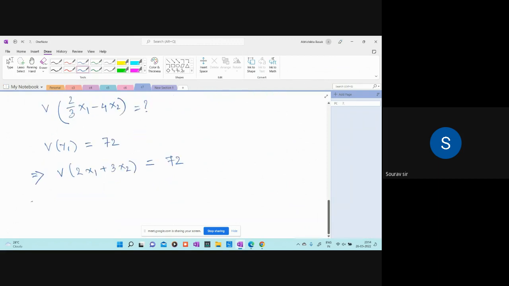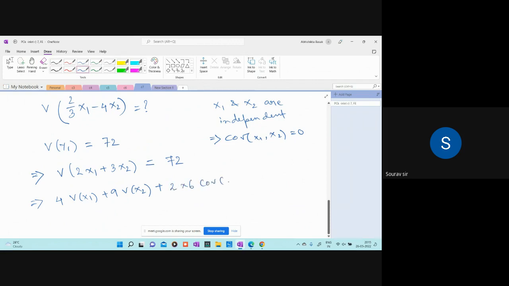Since X1 and X2 are independent, the covariance of X1 X2 equals 0. Breaking up the formula, 4 into variance of X1 plus 9 into variance of X2 plus 2 into 6 covariance X1 X2 equals 72. The covariance portion gives 0, so the whole portion becomes 0.